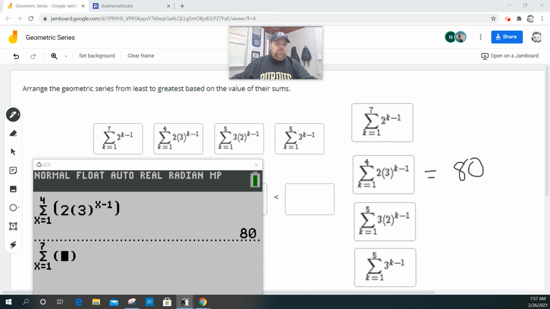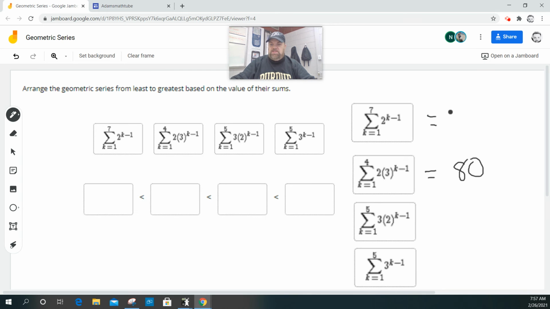Then it looks like we're just going to do the common ratio of 2. What's the initial value? When there isn't an initial value or a first term listed, it's 1. So we're going to say 2 raised to the x minus 1, hit enter, and that one is equal to 127.